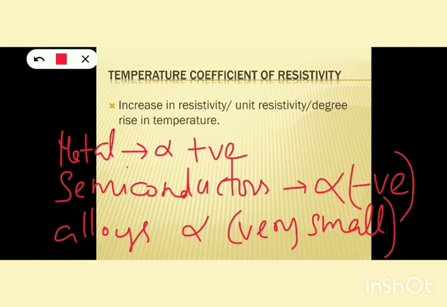That's why we prefer alloys as electric heating elements. We use alloys in electric heaters, electric iron box, etc. because such materials do not melt at high temperature. So the increase in temperature is not going to affect alloys too much. That's why the alpha, temperature coefficient of resistivity, is very small for alloys.